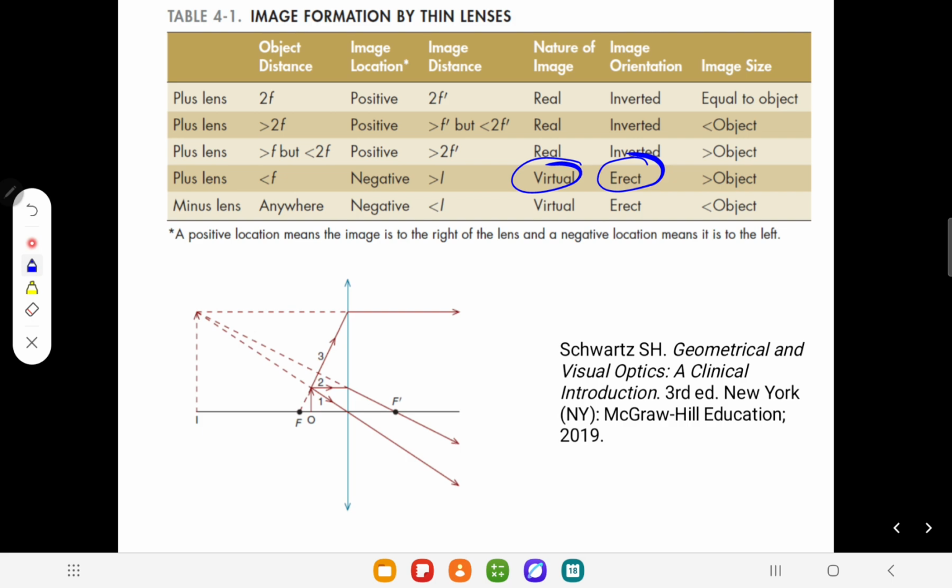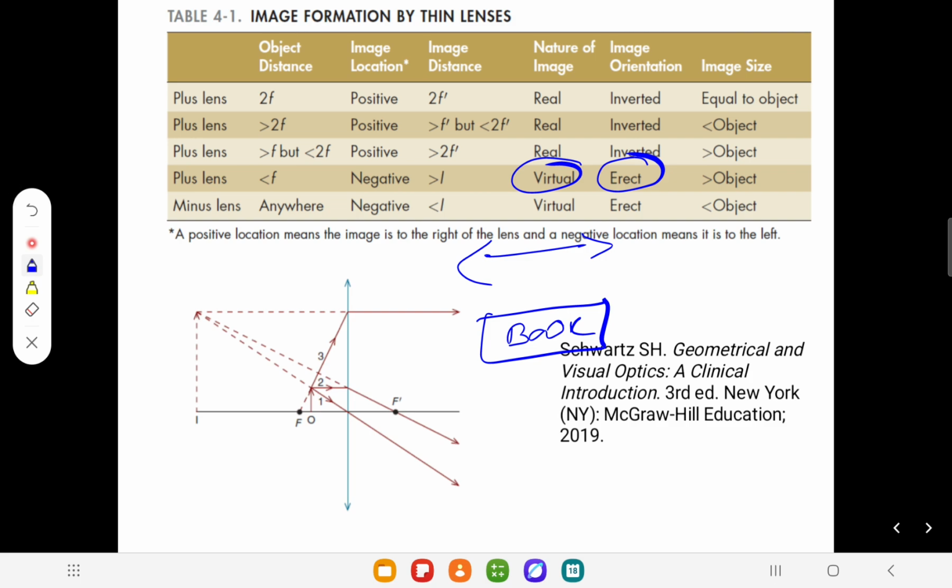Here's the clinical correlation. When we talk about a stand magnifier, let's take an example: this is a book, and this lens is the stand magnifier, a plus lens. We want our object, that book, to be within the focal length. Why?